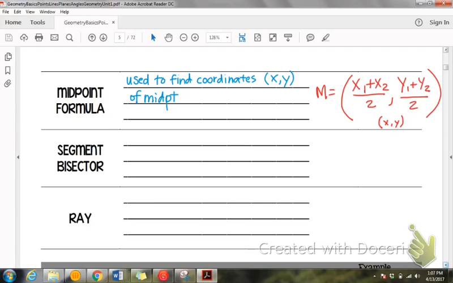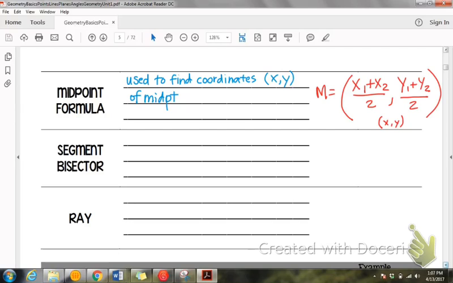Okay, what about a segment bisector? What does the word bisect mean? Take it apart, right? Bisect, how many is bi? 2. So 2 sections.